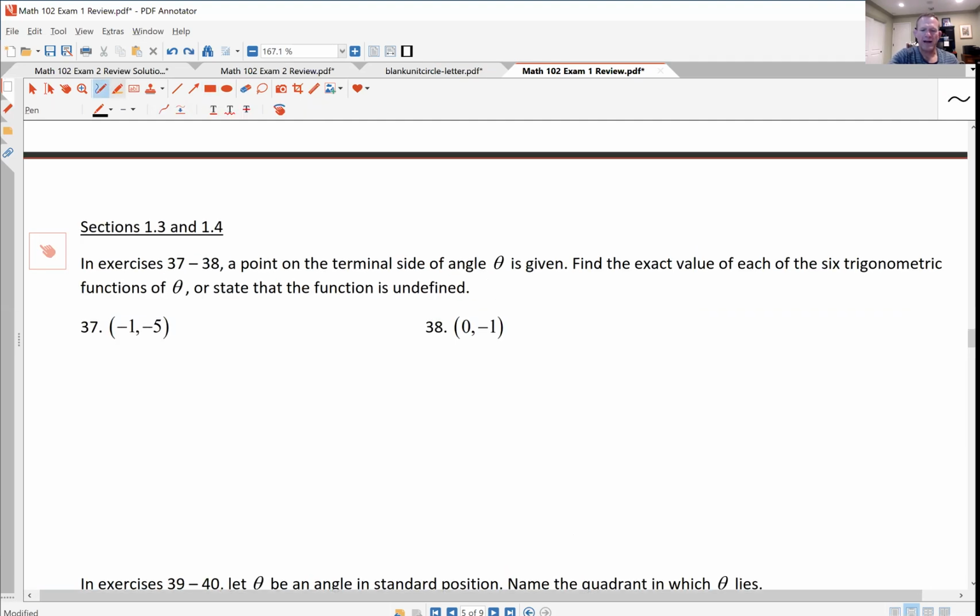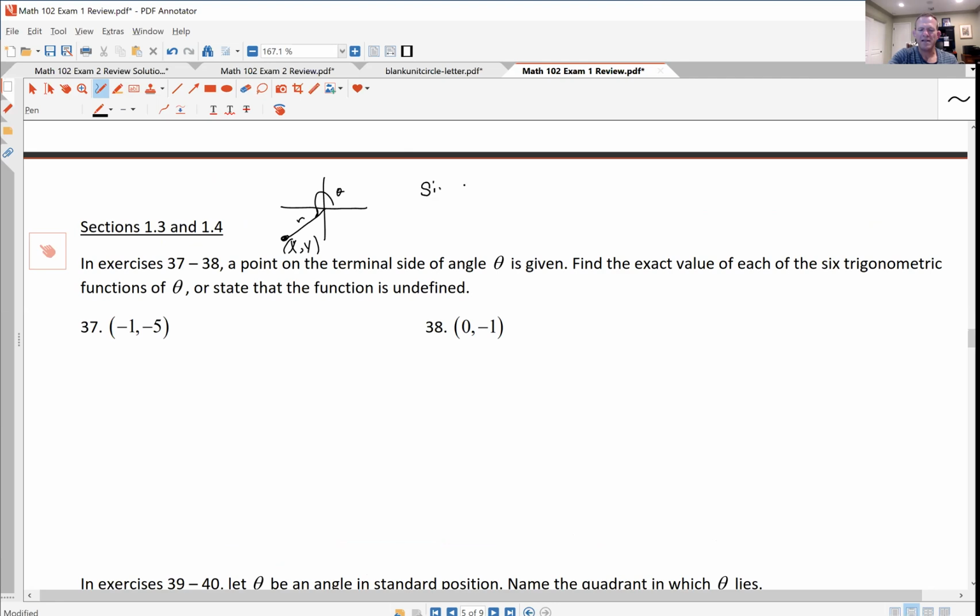that if you have a point in the xy plane, x comma y, then there's a distance to the point from the origin, r, and that angle made theta.